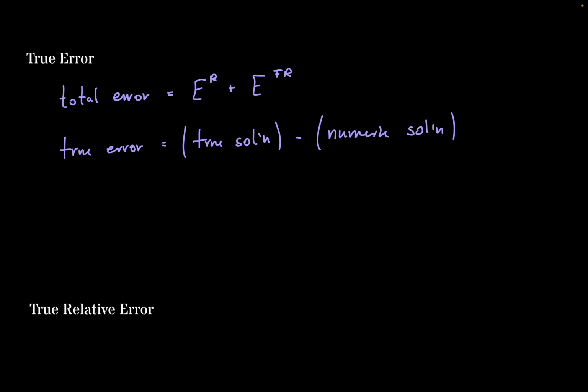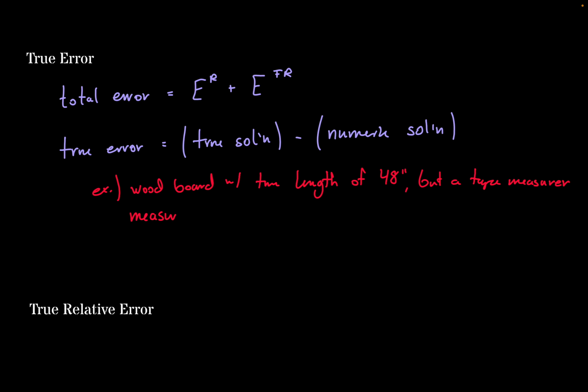and then we'd add that to our truncation error, and then that would equal our total error. Now for our true error, we can actually do a quick example of this. So for example, let's say we have a wood board with a true length of 48 inches. And we can say, but a tape measurer measures it to be 47.94 inches.